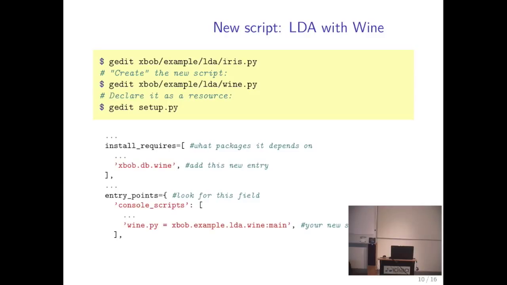Okay. So what we're just saying is that the wine script.py that will be placed in the bin directory is implemented by the submodule xbob example LDA wine, the function main. Remember, when you added the wine.py, there was a function main there. So that's what we are saying here. Okay.